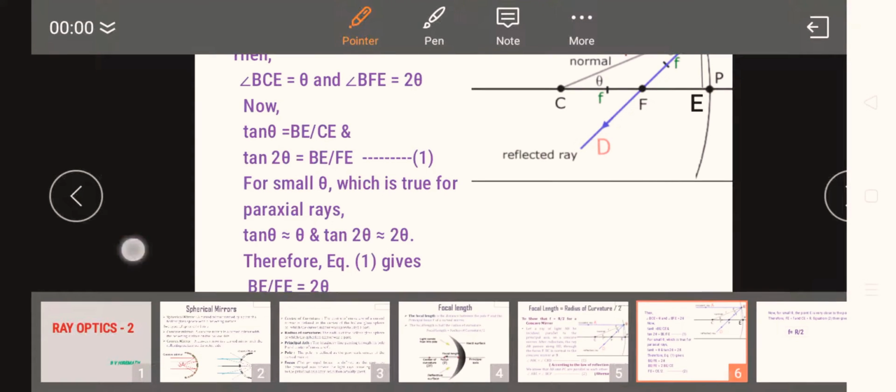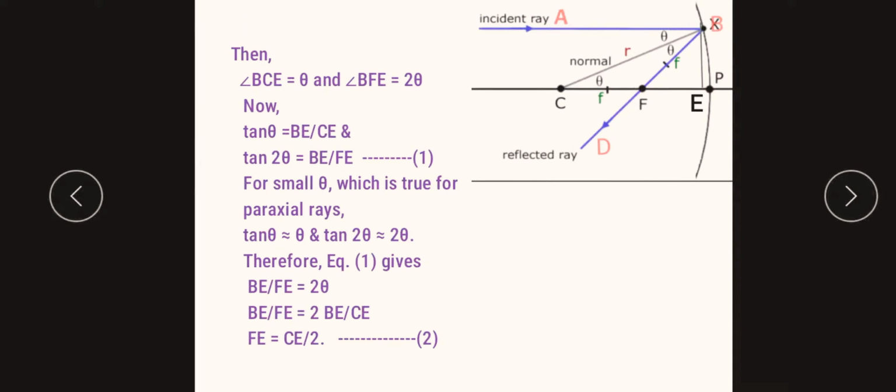In place of theta, you need to write the theta value, which is BE divided by CE. Then in the above equation, BE and BE get cancelled.